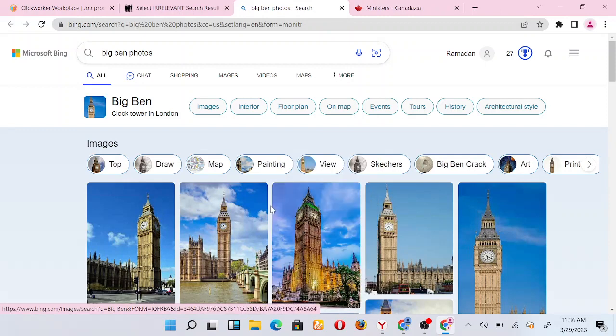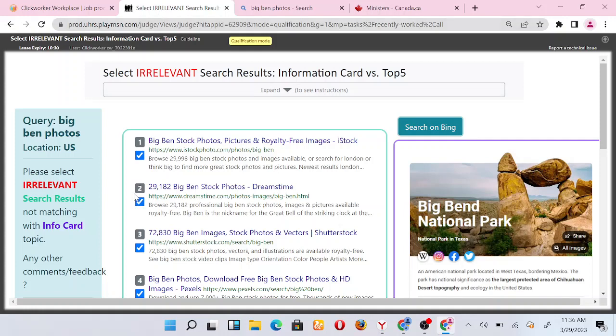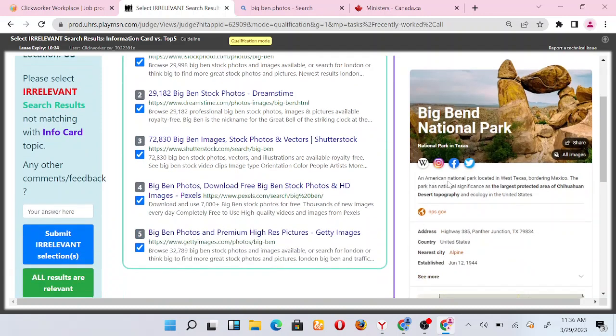Don't rush. I will go for irrelevant. Big Bend photos, an American national park located in Texas. I think they are irrelevant.